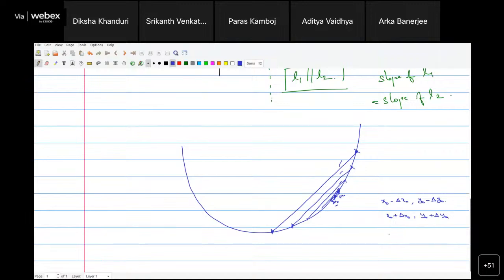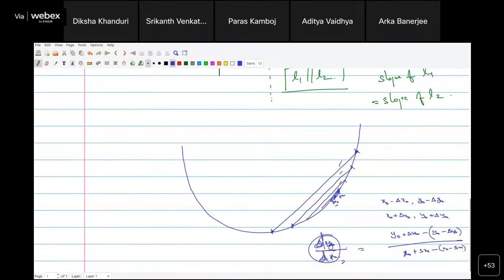So if I look at the slope, you will get something like delta y naught by delta x naught, which is more or less dy by dx.